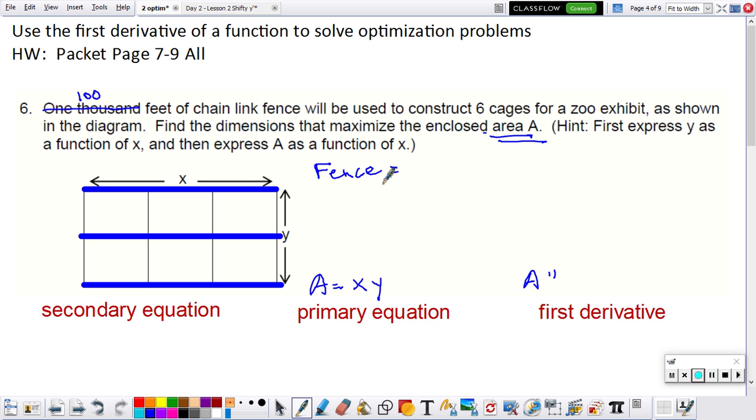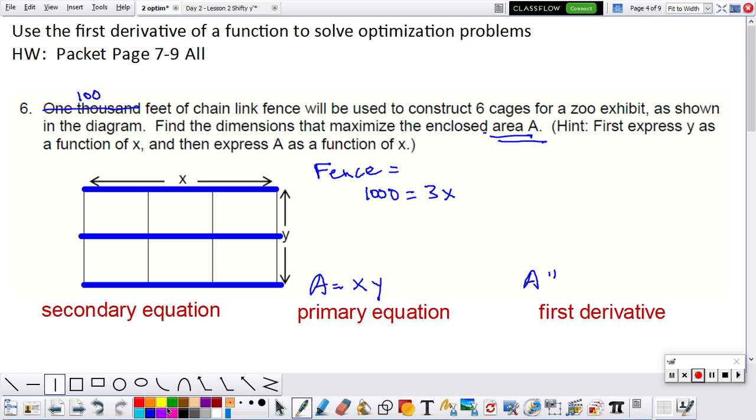So we have 1,000 is going to be 3X, and then we've got 4Y, because look, we've got 1, 2, 3, 4 pieces that are this length.